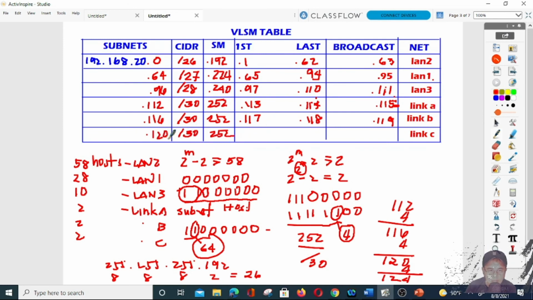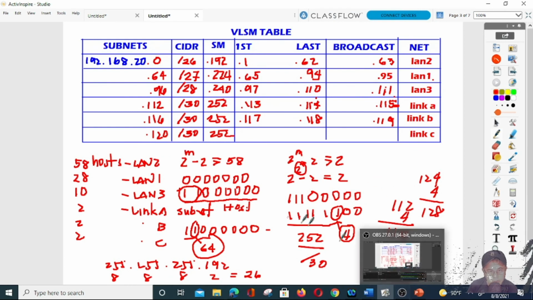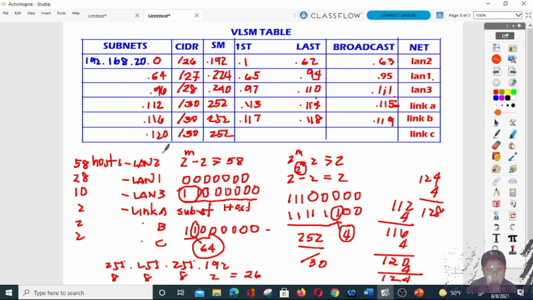What about the last? What is the range? If you add another 4 increment, this is 124.